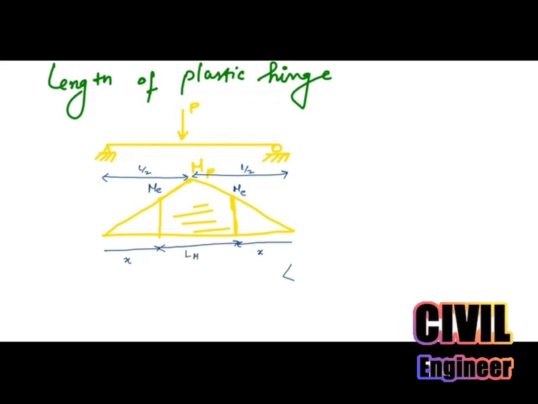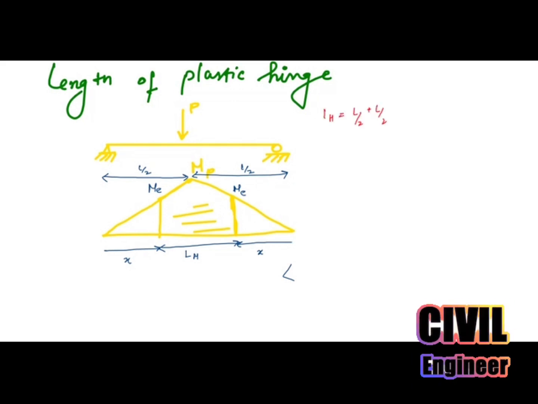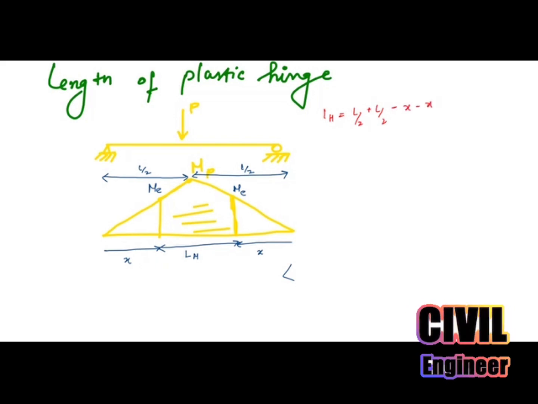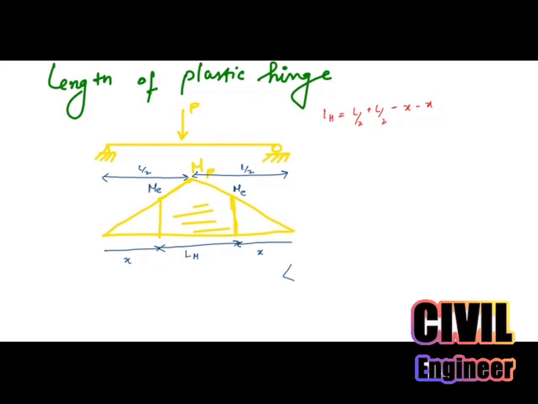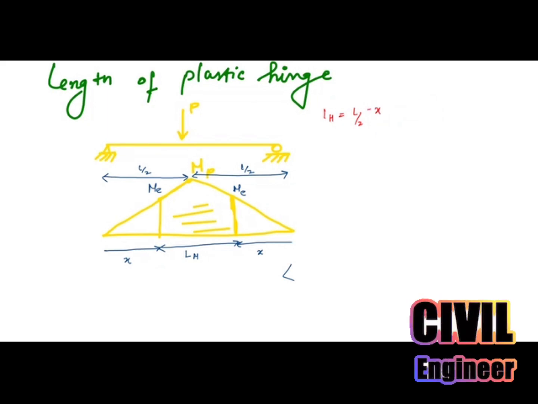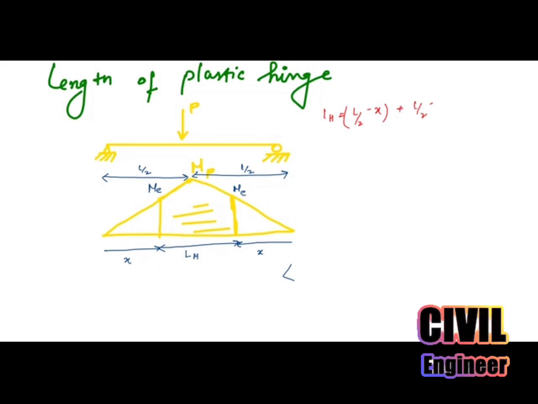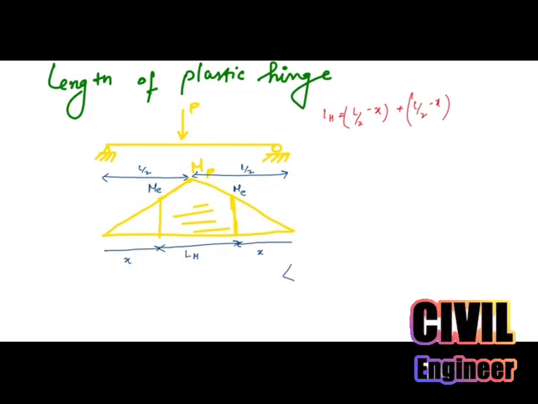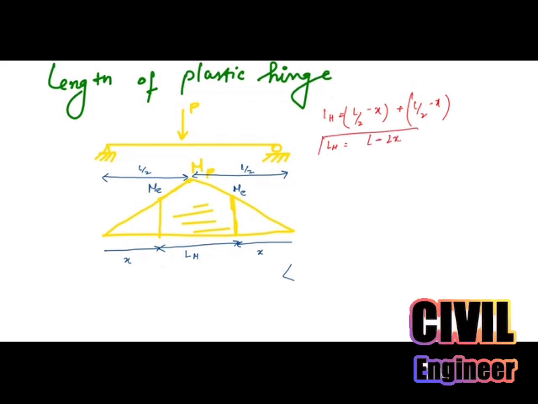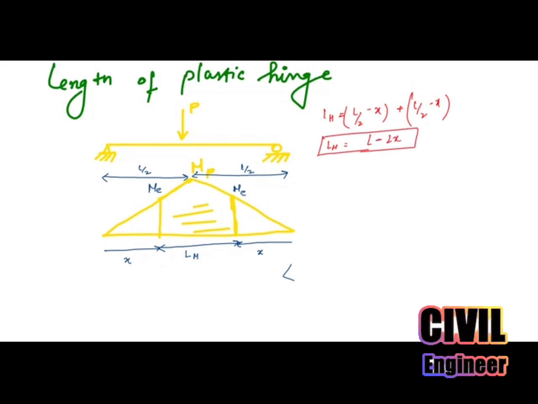So if we calculate the length of the hinge, that will be equal to L by 2 plus L by 2 minus x minus x, or we can say L by 2 minus x plus L by 2 minus x. This is the length of the total plastic hinge, or we can say the length of the hinge is L minus twice x.